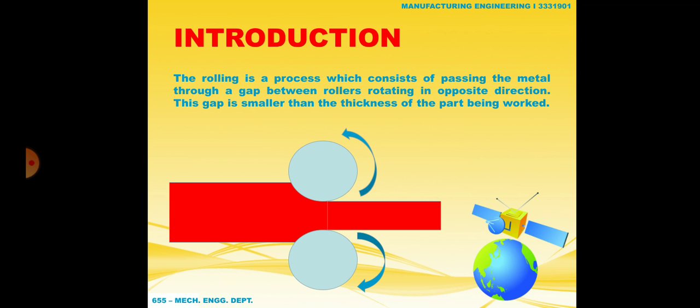As we see in the figure, both the rollers are rotating in opposite directions. The gap is smaller than the thickness of the part being worked, so we can achieve whatever thickness we require. In this process, metal thickness decreases and length of metal increases, as we see in the figure.